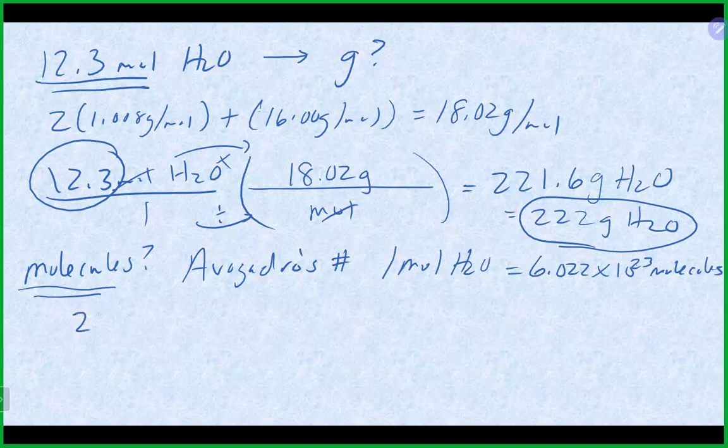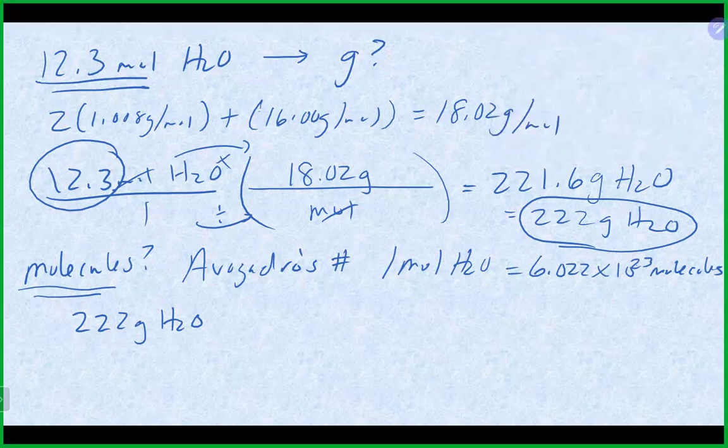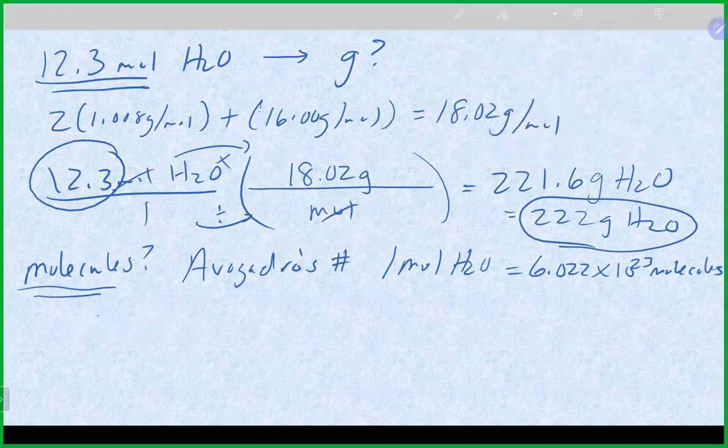And we could just continue on with our calculation. We could use the 222 grams of water. And actually, no, we wouldn't in that case. We wanted moles. We would actually use our original number there.